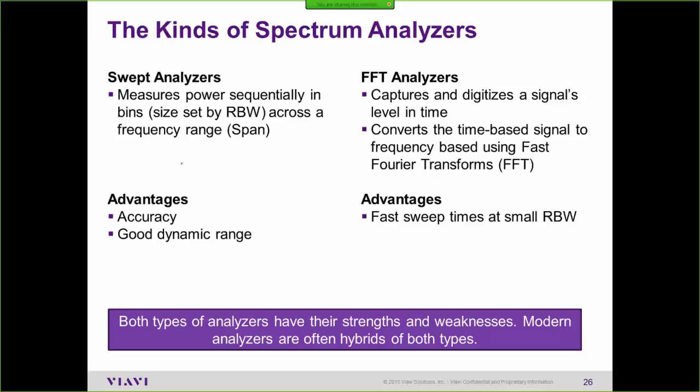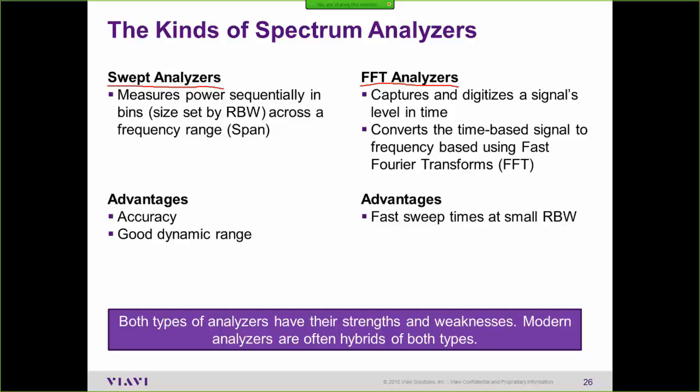And so in this analyzer, if I switch over to FFT analysis, what it does is it captures the signal and digitizes it and then converts it from the time capture to the frequency. You can just do math and get the frequency output. And because of that, it's much faster, but there are some advantages and disadvantages of both.